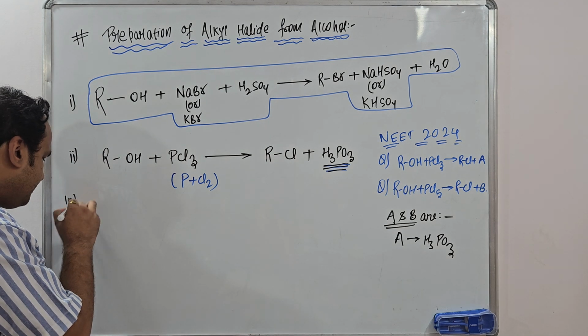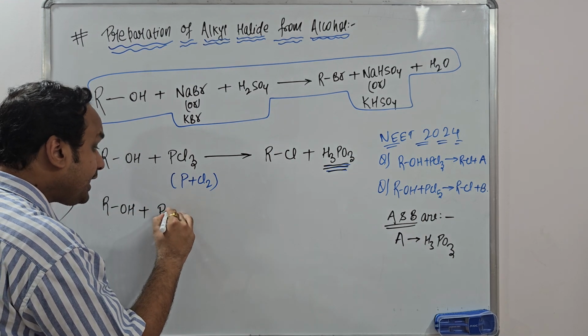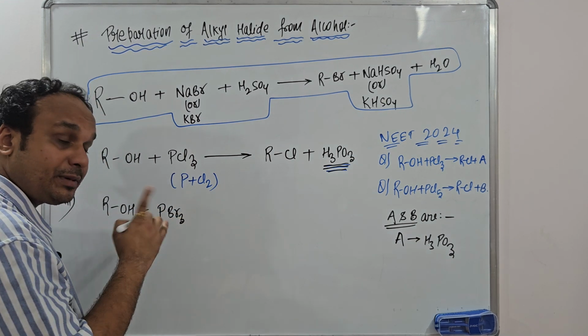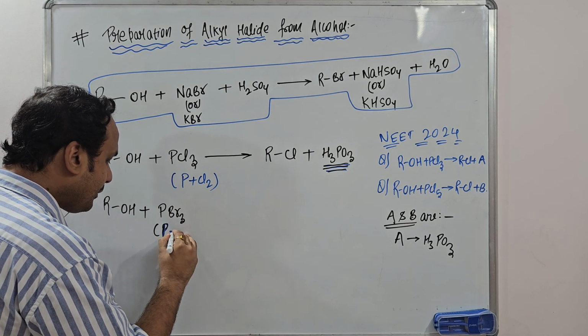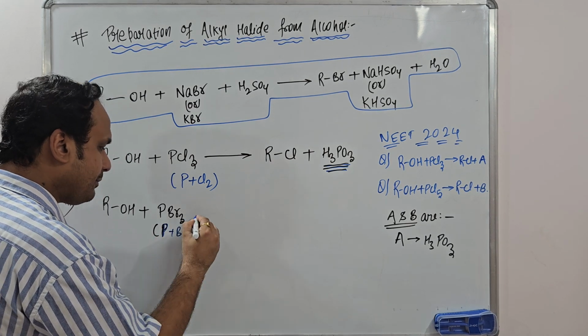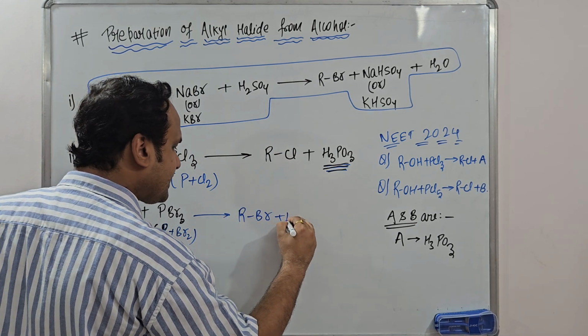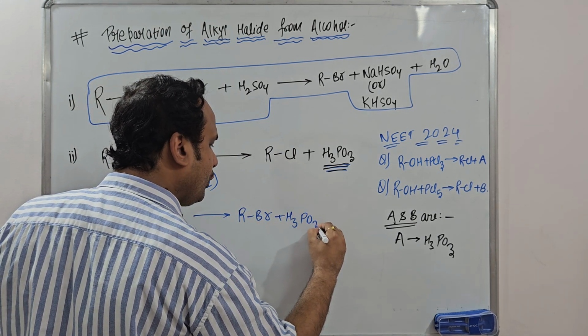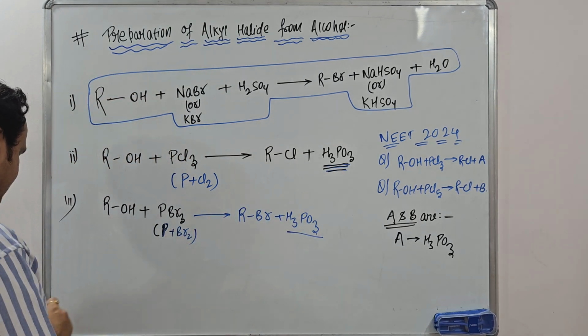Third reaction, we will have alcohol react with PBr3, which can also be written as P plus Br2. Both have the same meaning. So in this case, again you will get RBr plus H3PO3. H3PO3 is common, RCl is there, RBr is there.